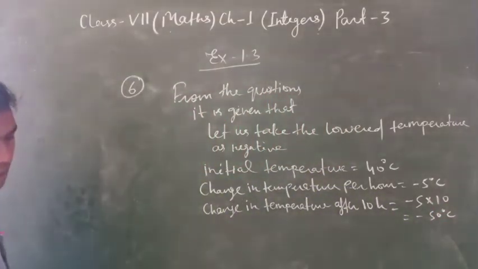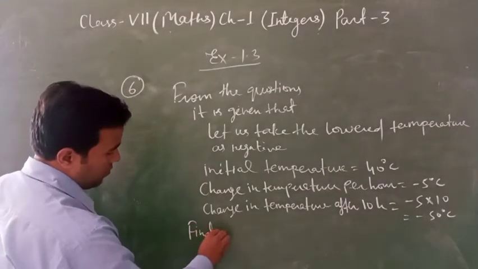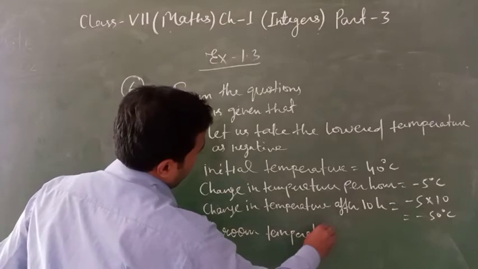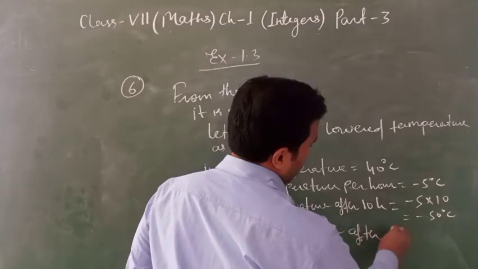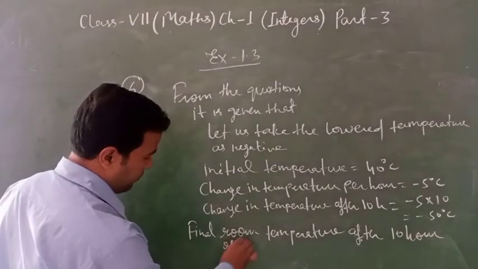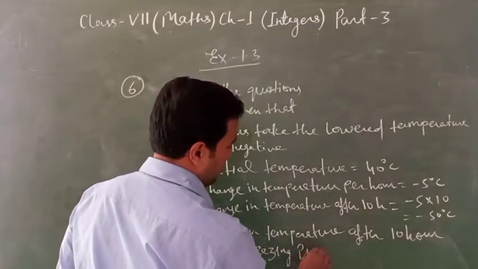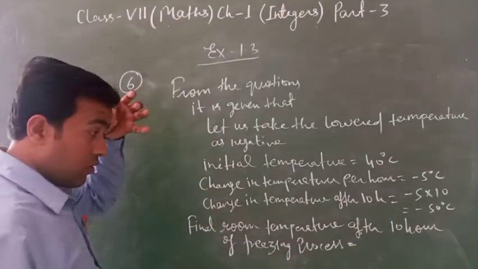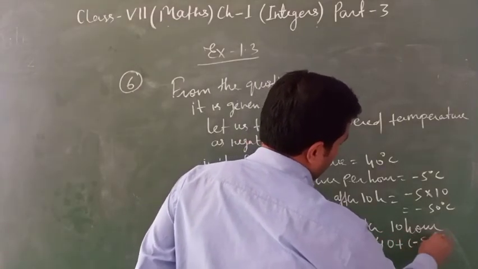Okay, then the final room temperature is asked. Final room temperature after 10 hours of the freezing process equals 40 plus minus 50.